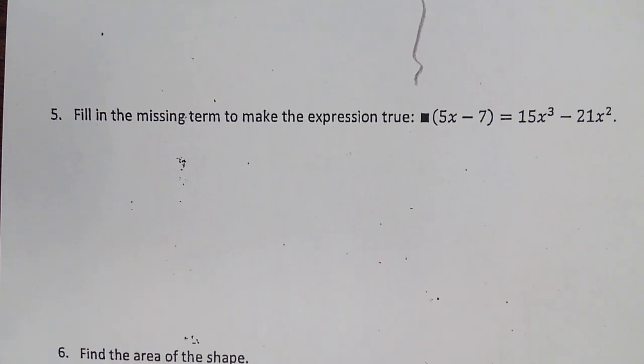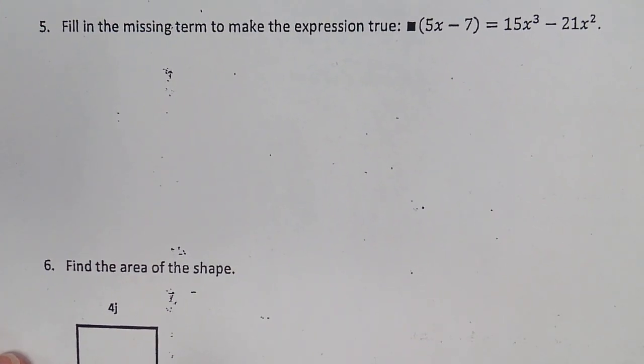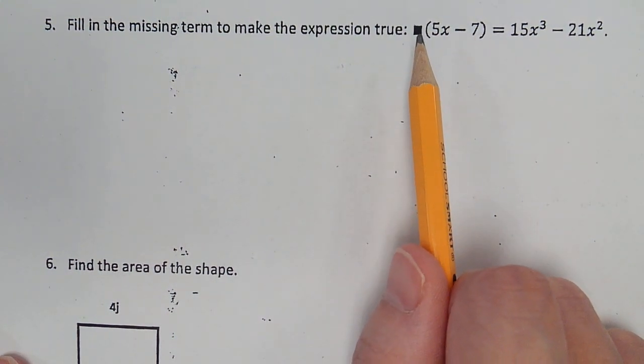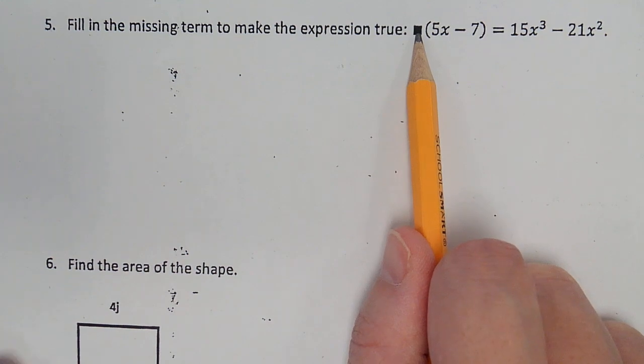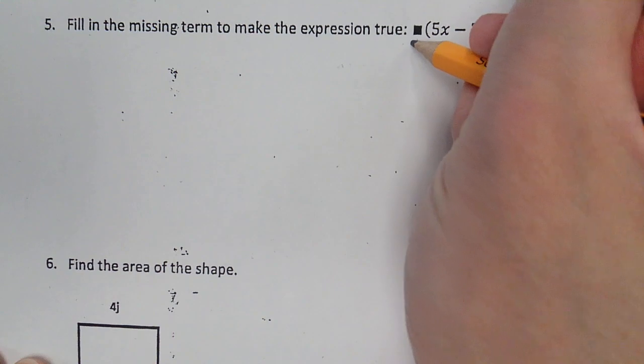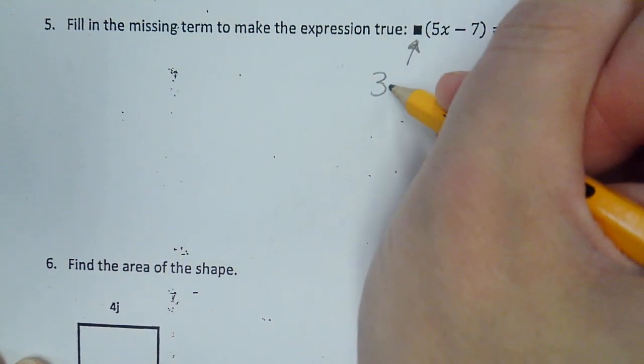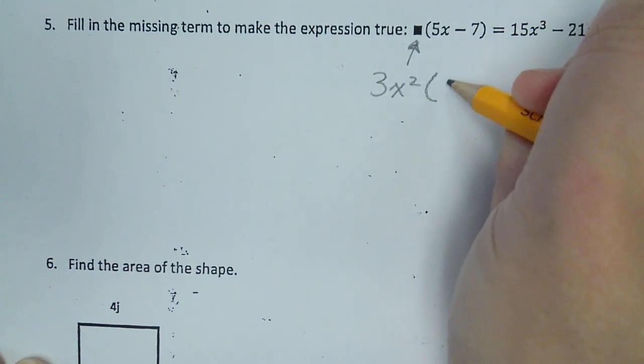Just 2 more examples. Fill in the missing term to make the expression true. So what goes here in this box? Miriam? 3x to the power of 2. Let's see if she's right.